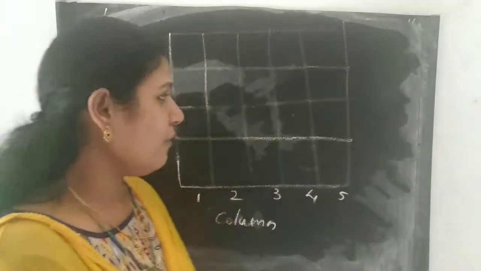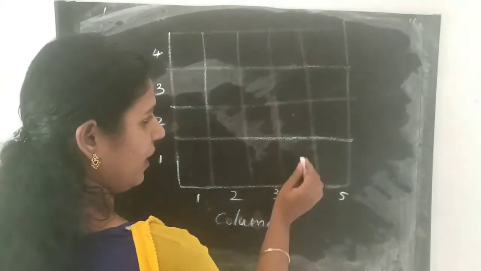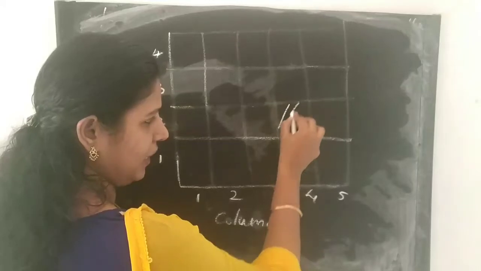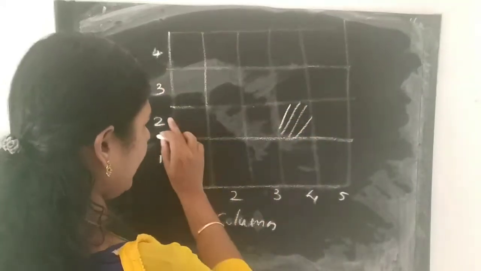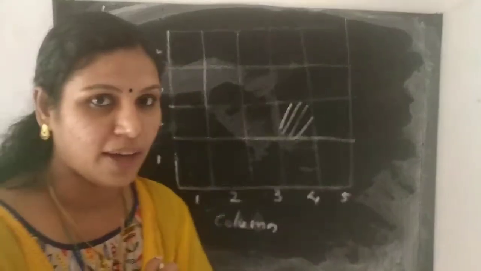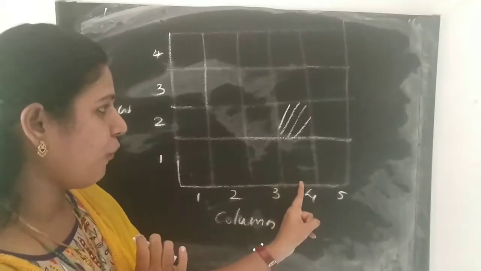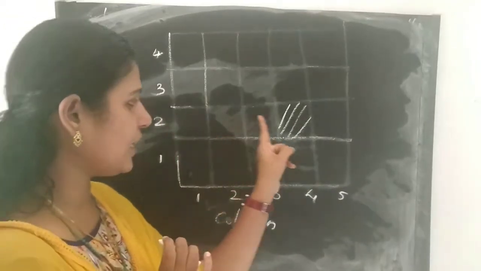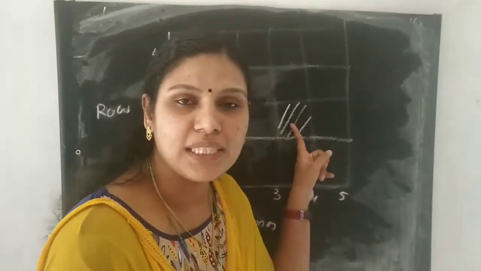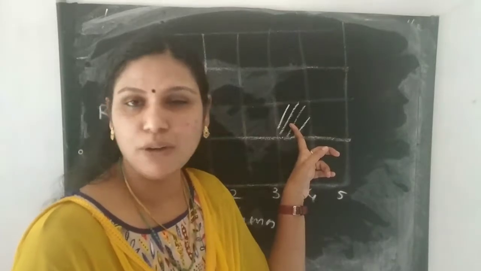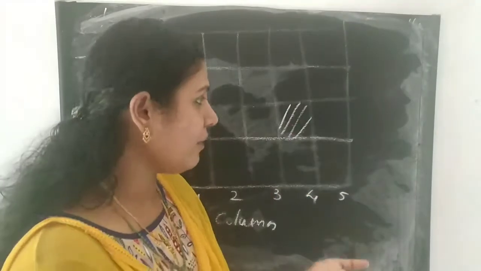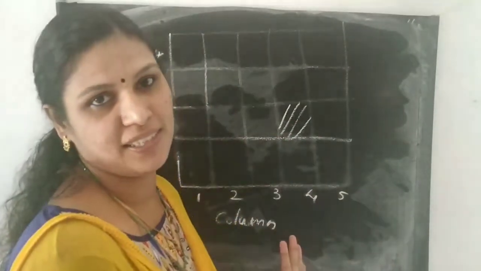If you are sitting in the fourth column and the second row, how do we describe your position? Have you any idea? How can we write your position?